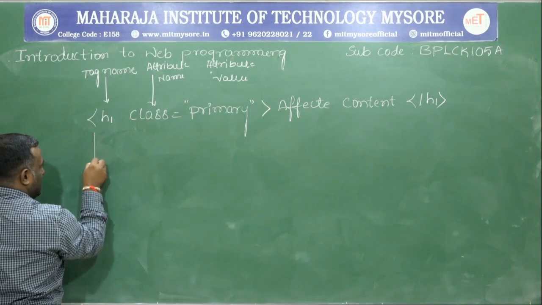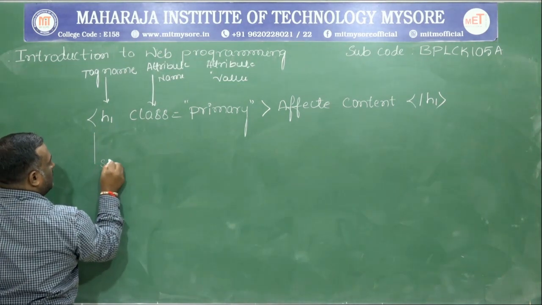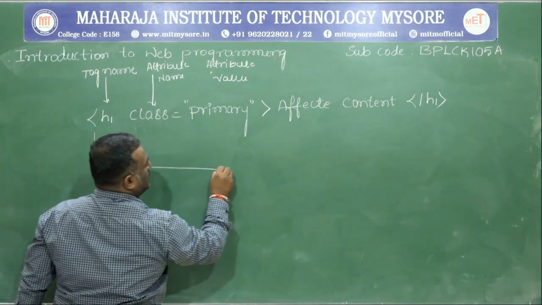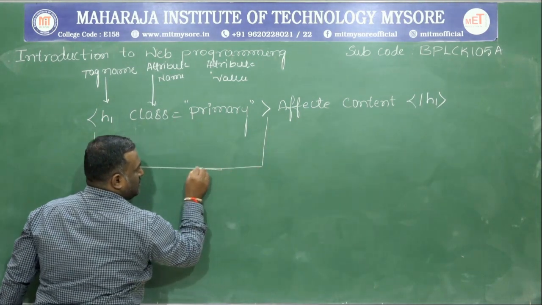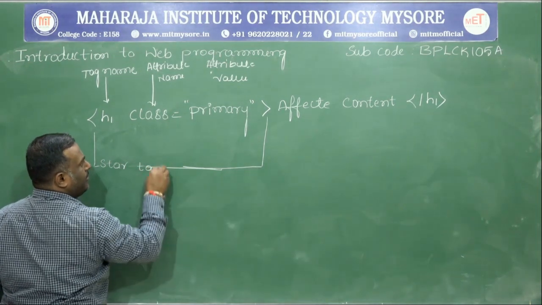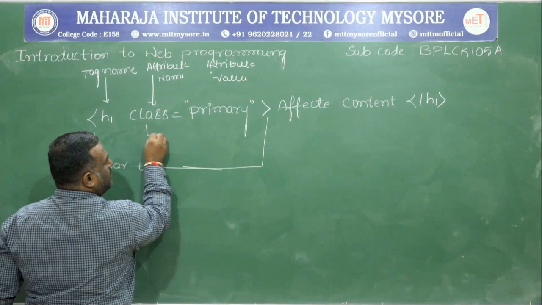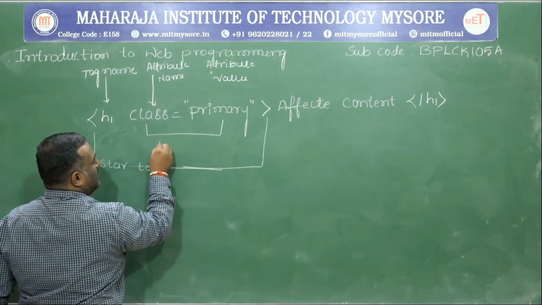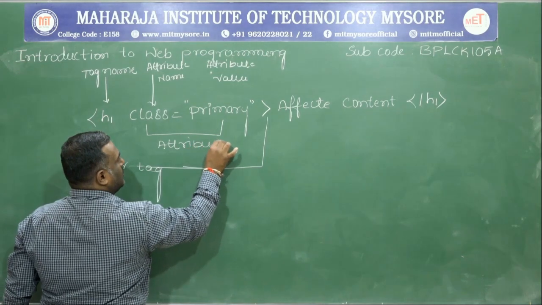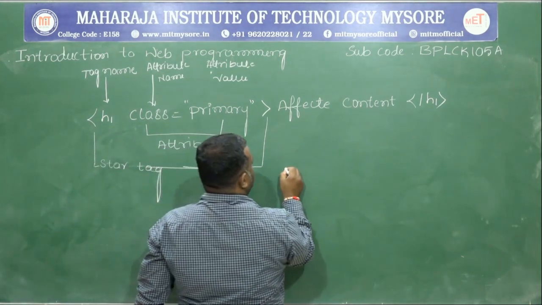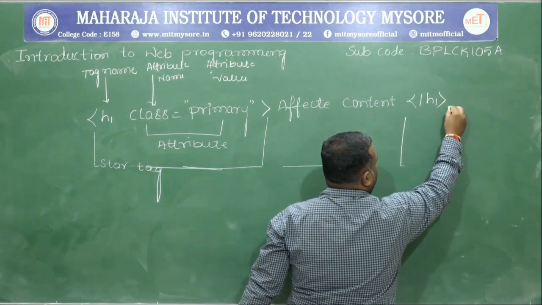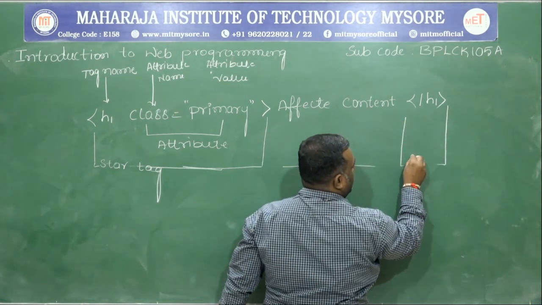Next, this is the start tag of the H1, up to here, the starting tag, and then the class and primary make the attribute, and this is the content here, and then the end of the H1. Okay, ending tag.